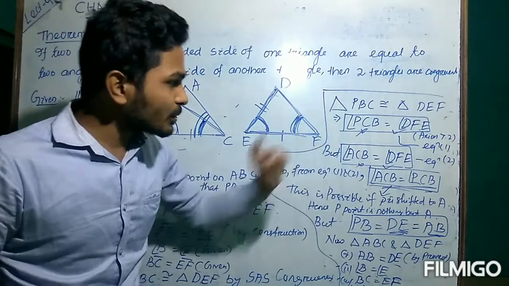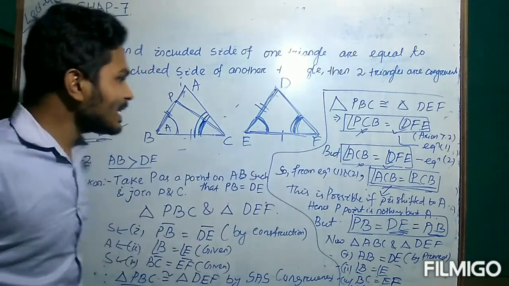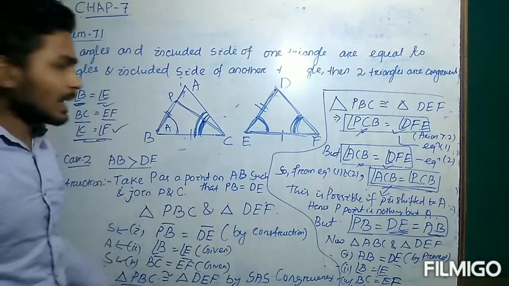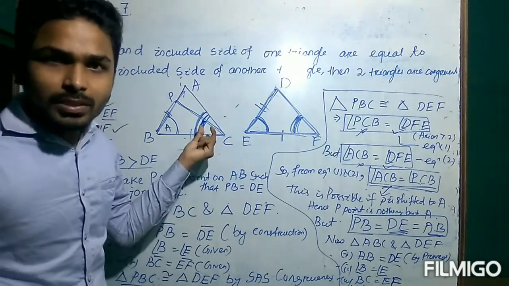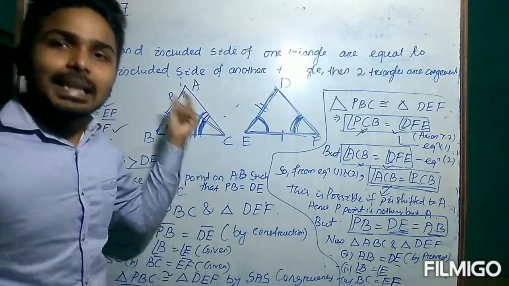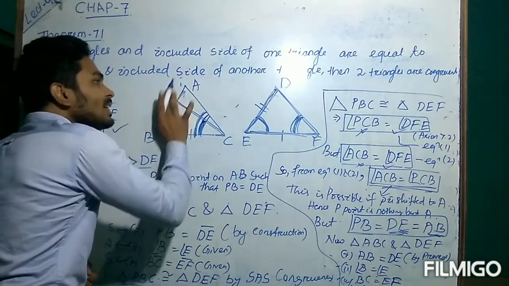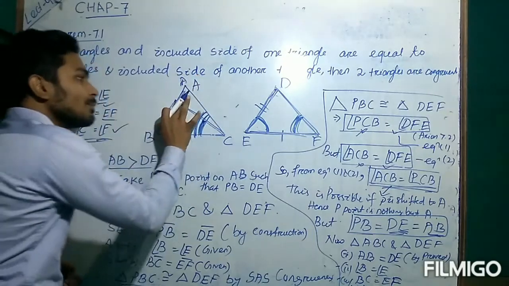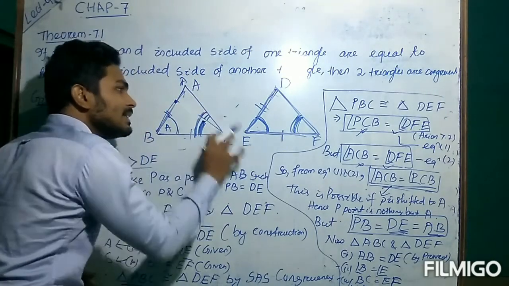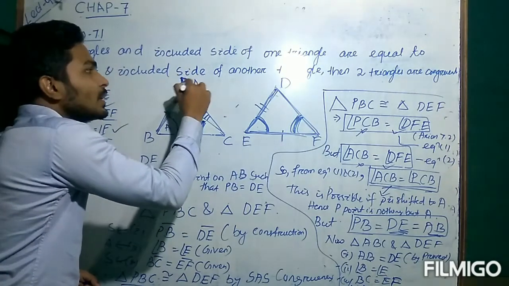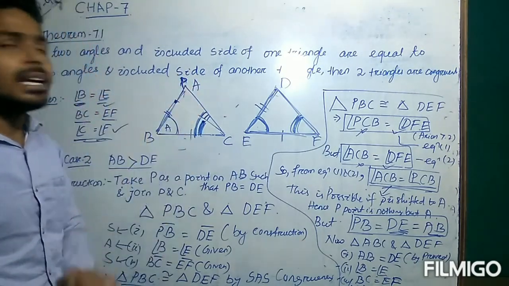Now from equation 2, after solving, we get that this small angle is equal to the large angle. But actually it seems to be impossible. It is possible only if we shift this point P to point A, so that the point P coincides with the point A.